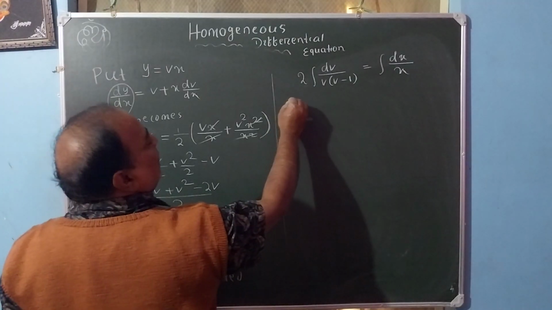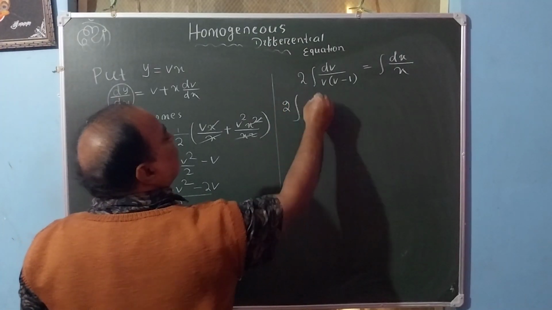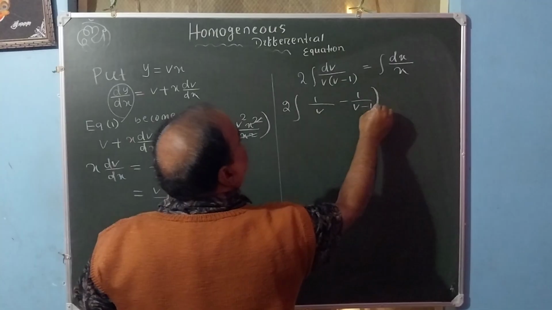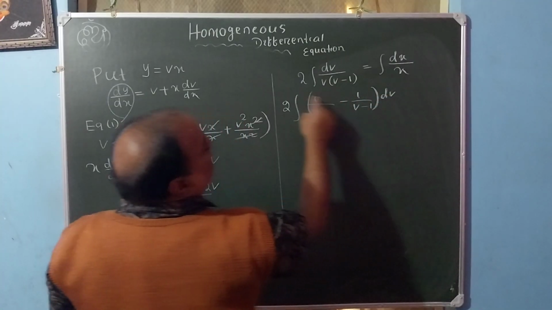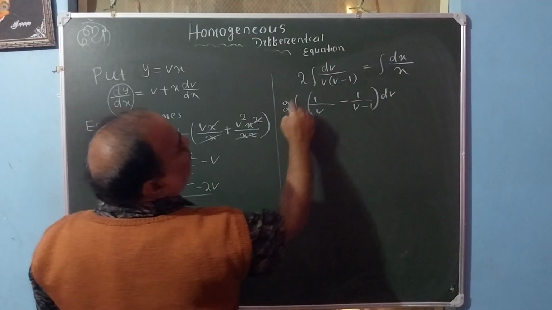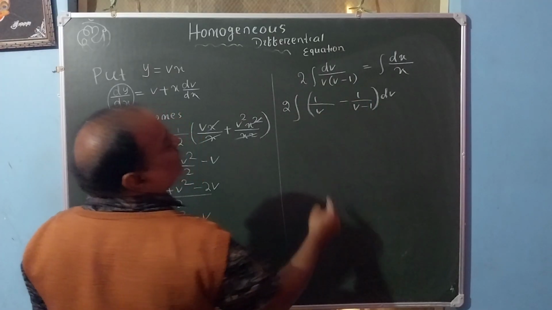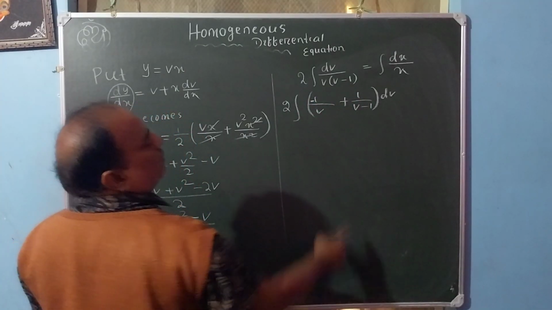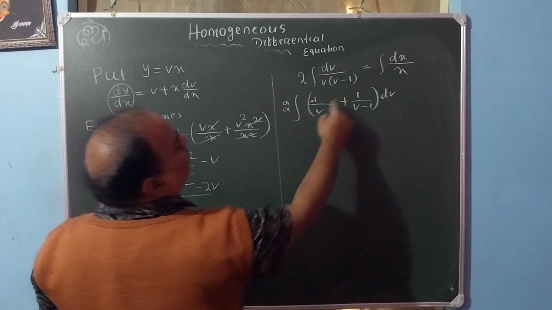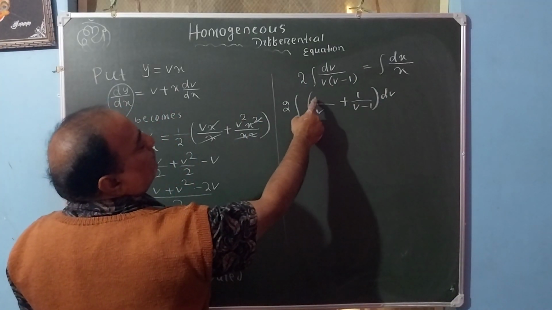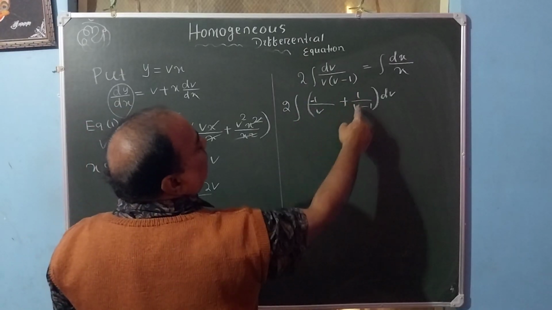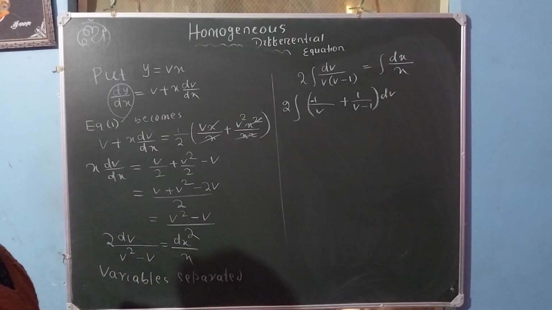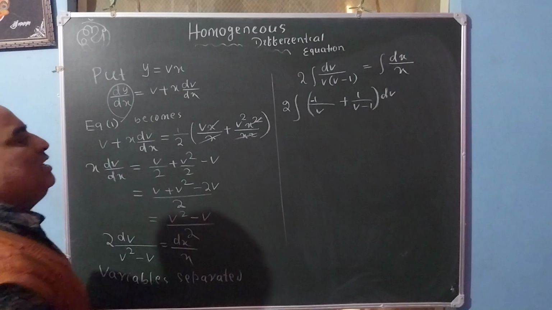So this can be written as 2 integration of 1 by v minus 1 by v minus 1. You see here, v minus 1, v, here it is plus, here it is minus, minus v plus 1 plus v, minus 1 by v plus 1 by v minus 1. Directly I am writing, otherwise you have to break it into partial fractions.